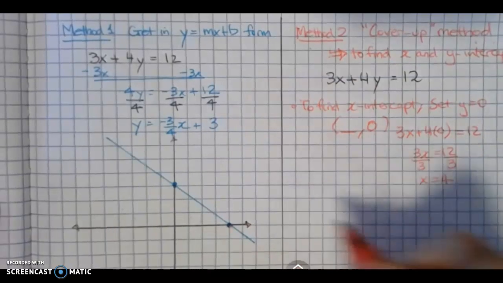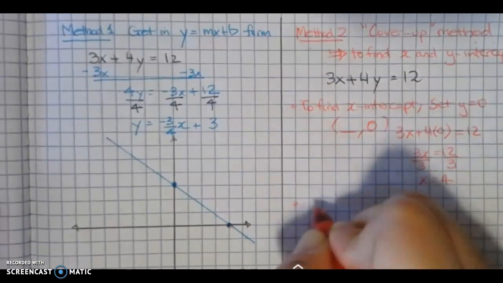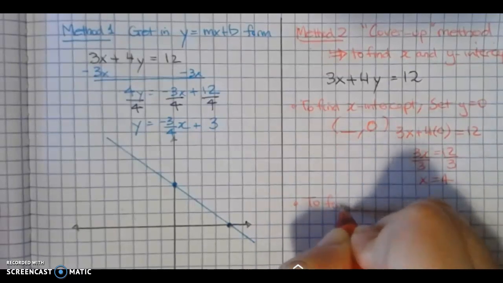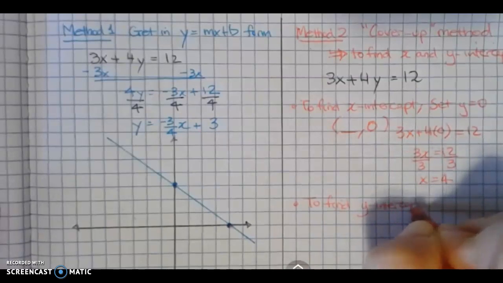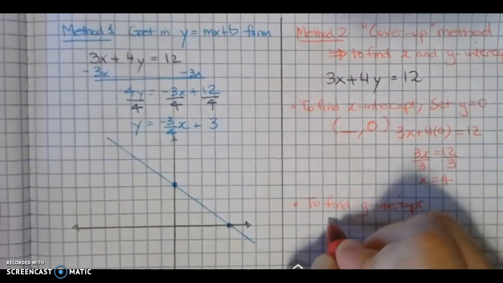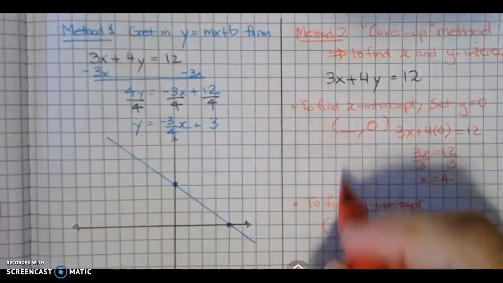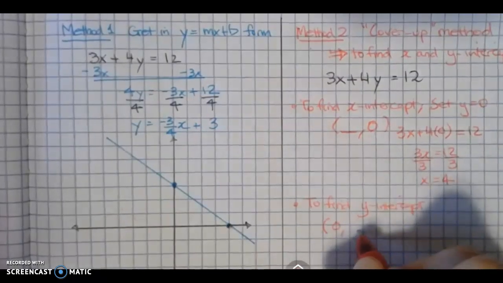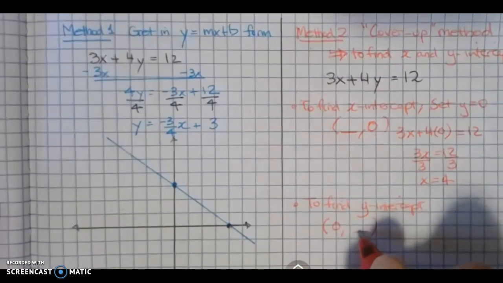Then, second step, we found the x-intercept, now we need to find the y-intercept. Let's think about the y-intercept. What's true about the y-intercept? In this case, the x value is 0, and there's some number for y.